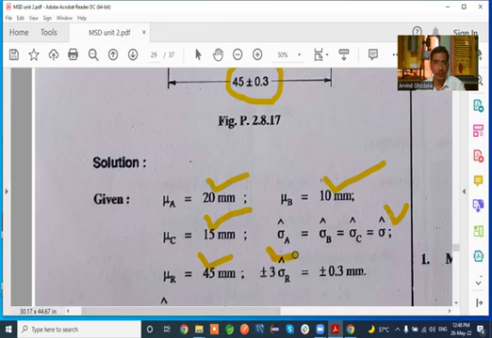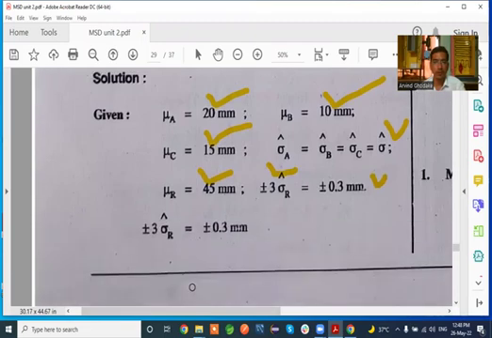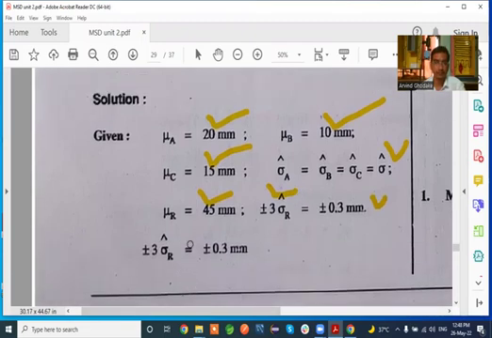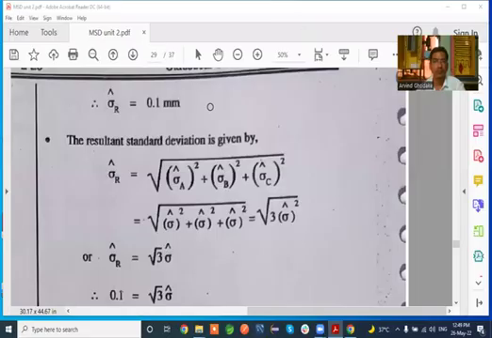Then the tolerance is 3 sigma cap R, that is standard deviation, plus minus 0.3 mm. Therefore, plus minus 3 sigma cap R is equal to plus minus 0.3 mm. Therefore, sigma cap R is equal to 0.1 mm.